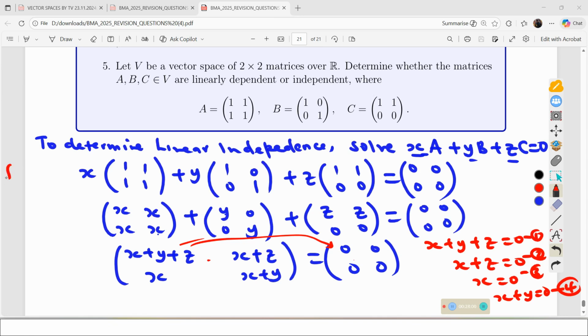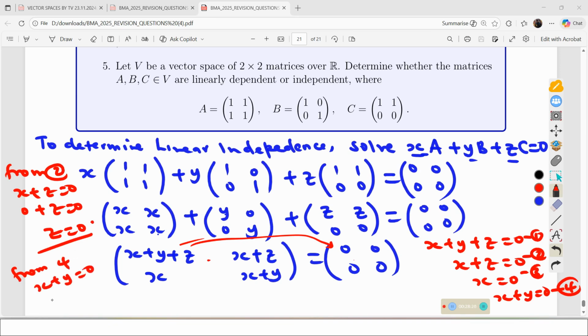From 2, x plus z is equal to 0, meaning 0 plus z is equal to 0, giving us z as 0. Next from 4, x plus y is equal to 0, so 0 plus y is 0, so y is equal to 0. This should satisfy equation 1, so 0 plus 0 plus 0 is equal to 0. So that will also be satisfied.